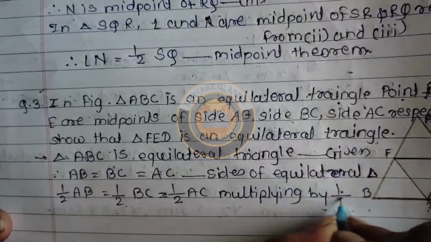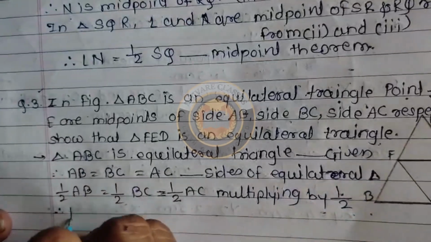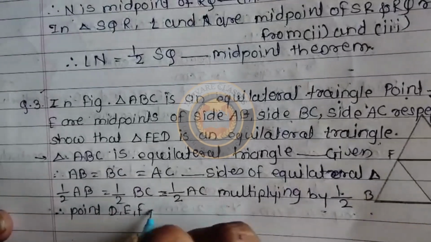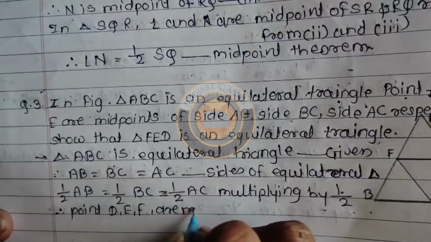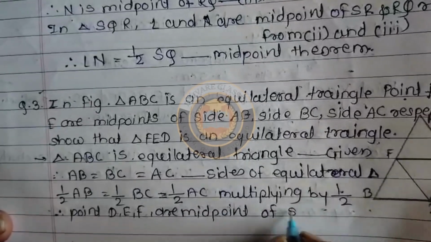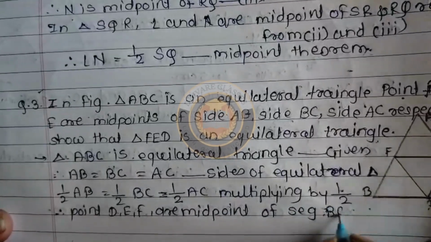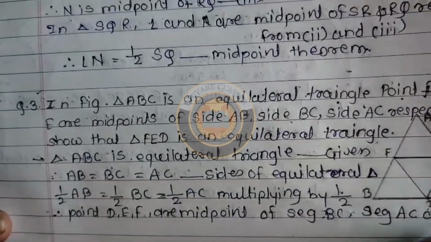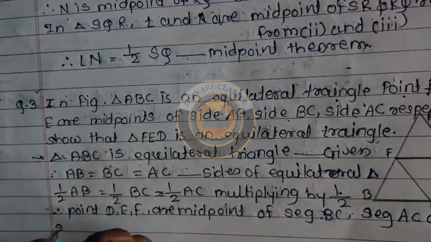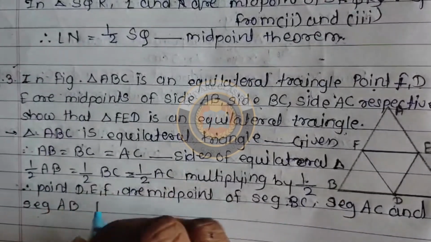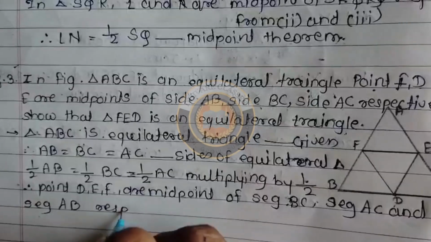Therefore points D, E, F are midpoints of segment BC, segment AC and segment AB respectively.